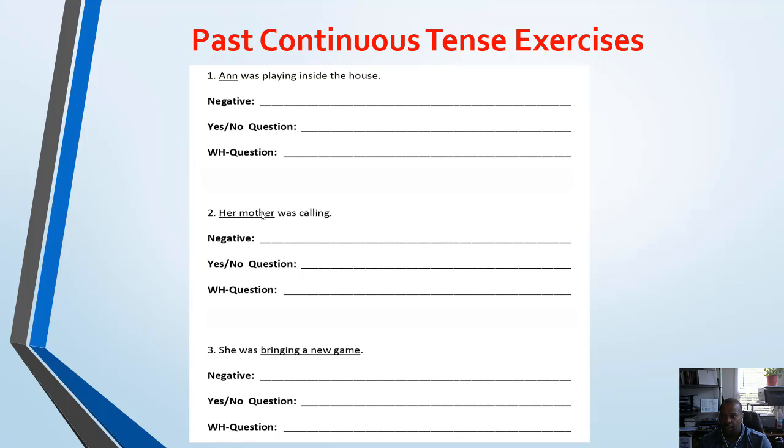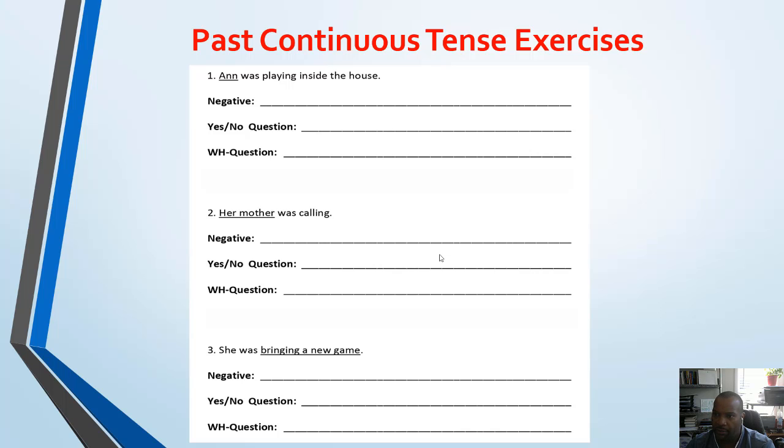So now let's pause the video, take some time to answer 1, 2, and 3, and we're going to rewrite these sentences as negative, yes or no questions, and WH questions. And then when we come back, I'll share my answers, and hopefully we've got something similar or the same. Alright, so let's pause the video now and do that.